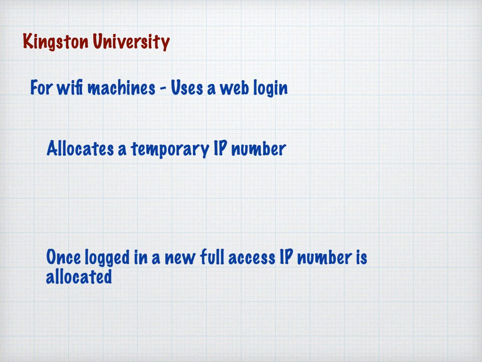Something similar happens if you're using Wi-Fi at the university. You'll connect to the Wi-Fi system and it will give you a temporary IP number, and at that point you'll have to log in, and when you log in you get a proper IP number that's allocated to your phone or your laptop, whatever device you're using, and that's what you use to connect to the internet.